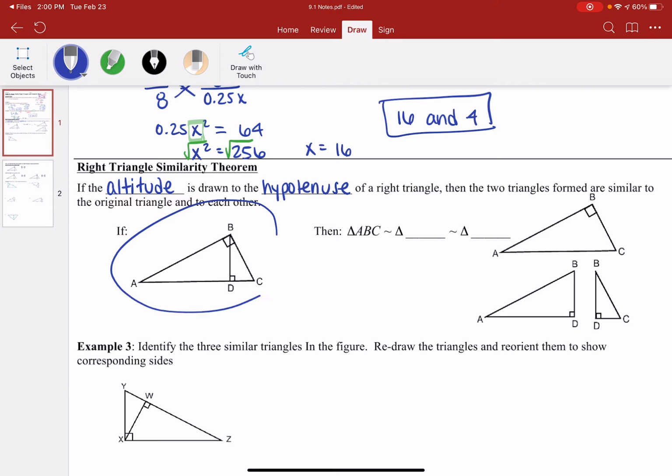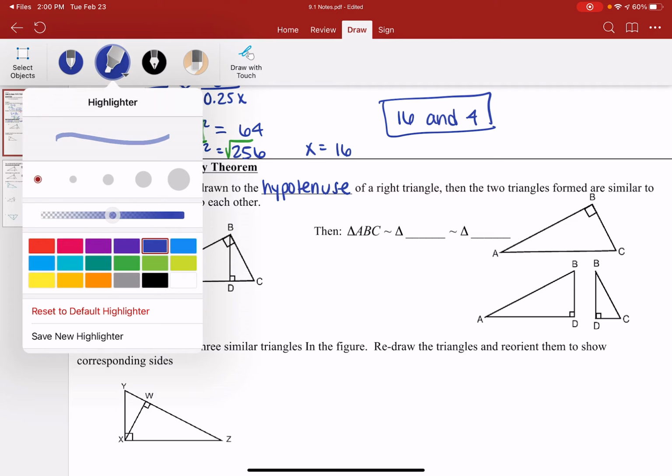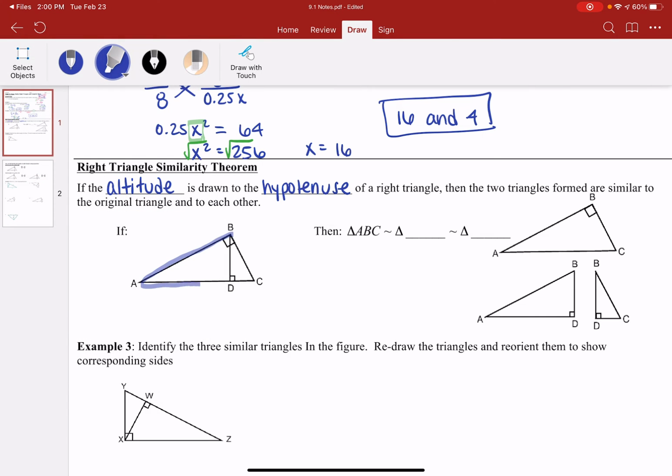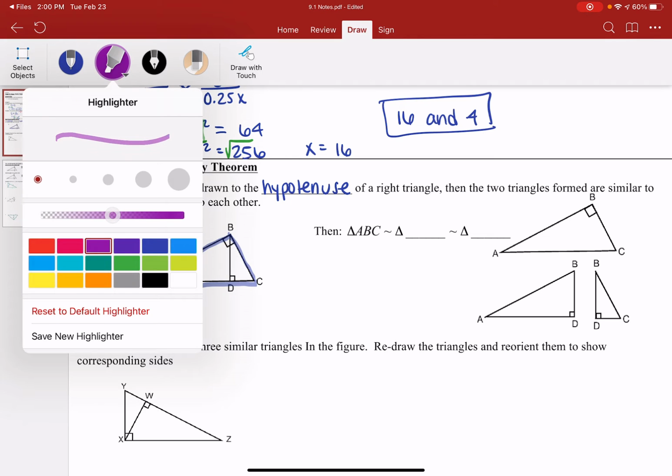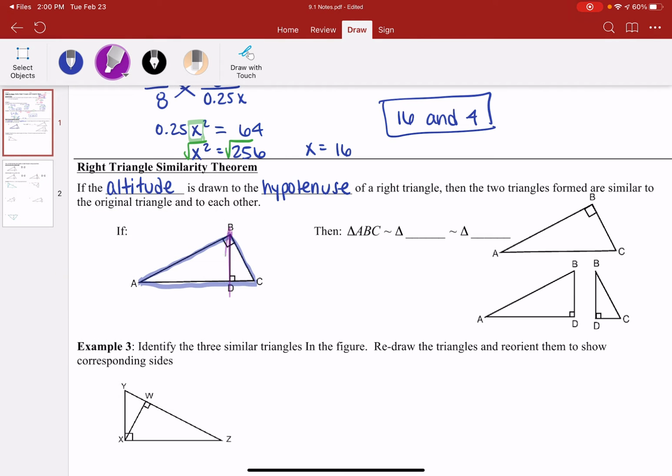So if you take a look at this diagram down here, we have triangle ABC, right? This whole triangle here. Triangle ABC. But then this altitude is drawn right here where BD is.